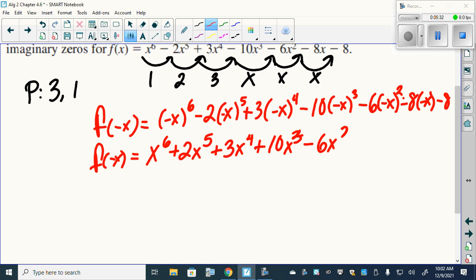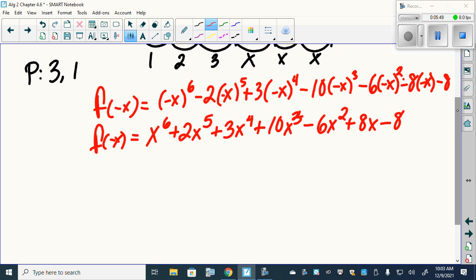Negative 6x squared, because the square is going to make that negative x positive, so the signs remain the same. Well, negative 8 times negative x is going to be plus 8x, minus 8. Questions on how we got to this new equation?